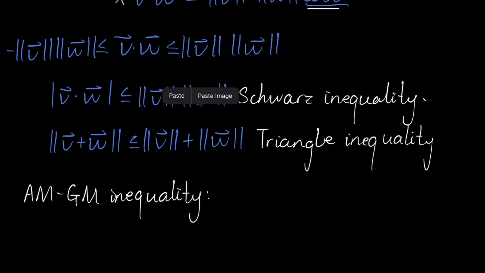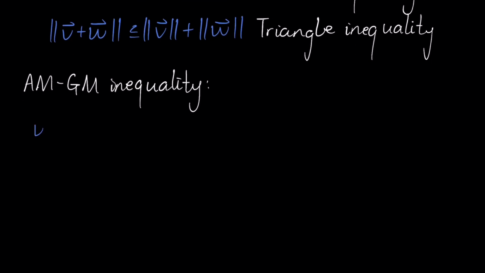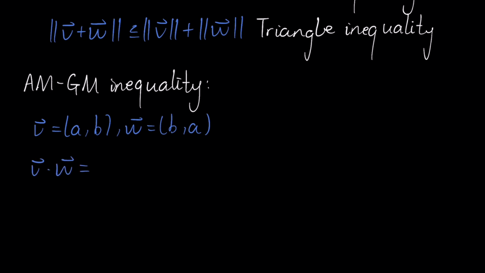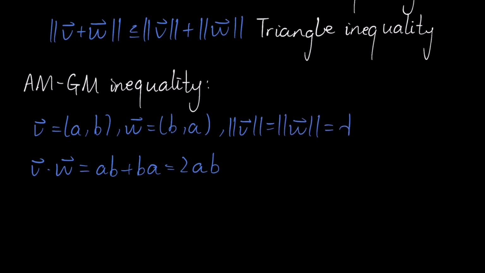So let's consider the dot product of the following vectors. V is equal to (a, b), and W is equal to (b, a). So the dot product of V and W is equal to ab plus ba, which is 2ab. And the length of both V and W is the square root of a squared plus b squared.